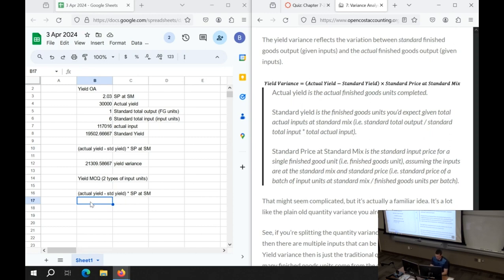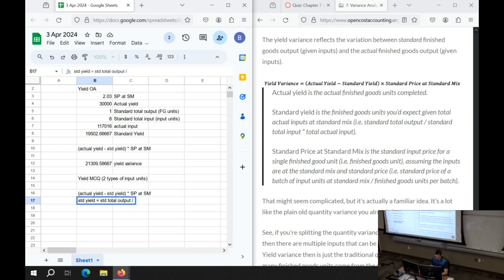Standard yield equals standard total output divided by standard total input times actual input units. Let me come back and put units in a bunch of places here.